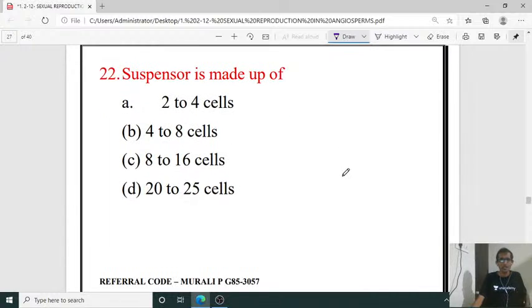22nd question: suspensor is made up of how many cells? The suspensor is a stalk of cells that pushes the embryo into the region of endosperm. It is very important. It is made up of 8 to 16 cells, that is the nature of suspensor.